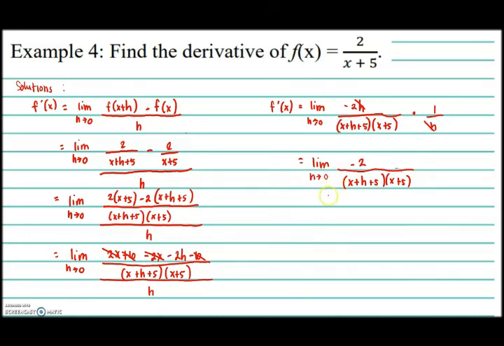Now we can already solve for the limit using the substitution method. So we have -2 over (x + 0 + 5) times (x + 5). That's equal to -2 over (x + 5) times (x + 5).